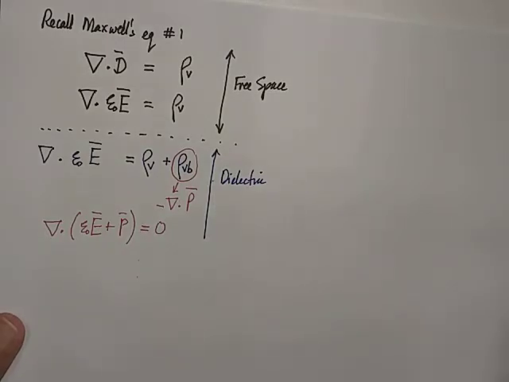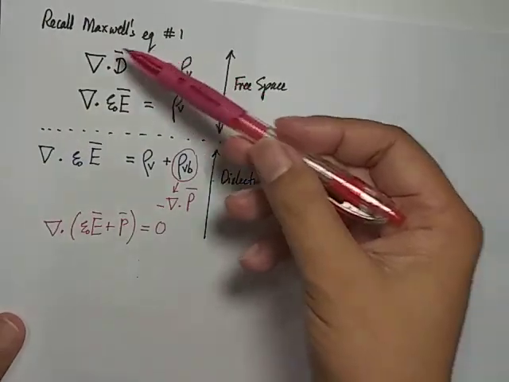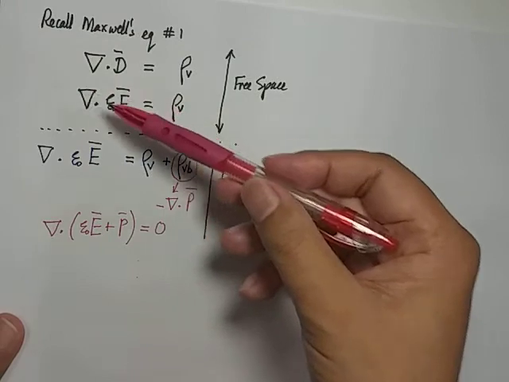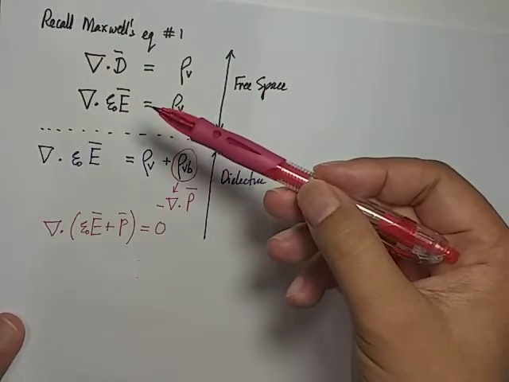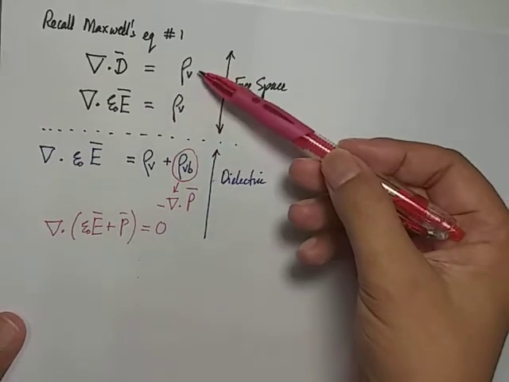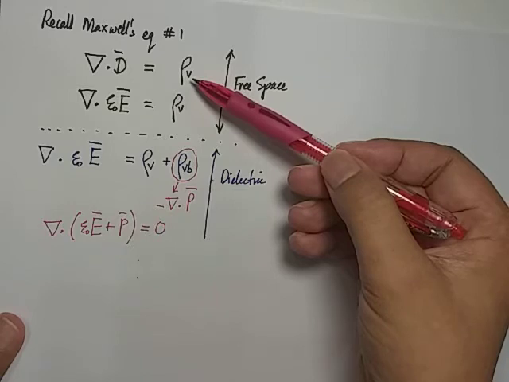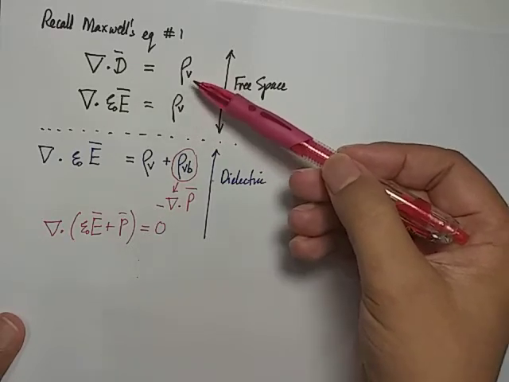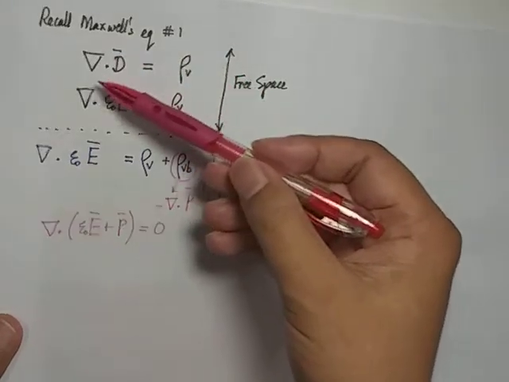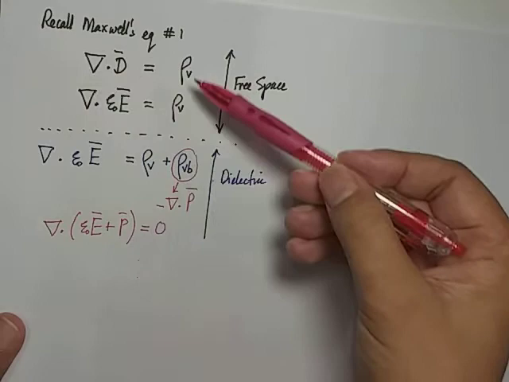Remember, Maxwell equation should be applicable in any medium. If I'm talking about free space, Maxwell should be presented by this equation. If I'm talking about Maxwell number 1 in dielectric medium, this equation must still be the same. This pattern of Maxwell equation must be the same regardless of the material.